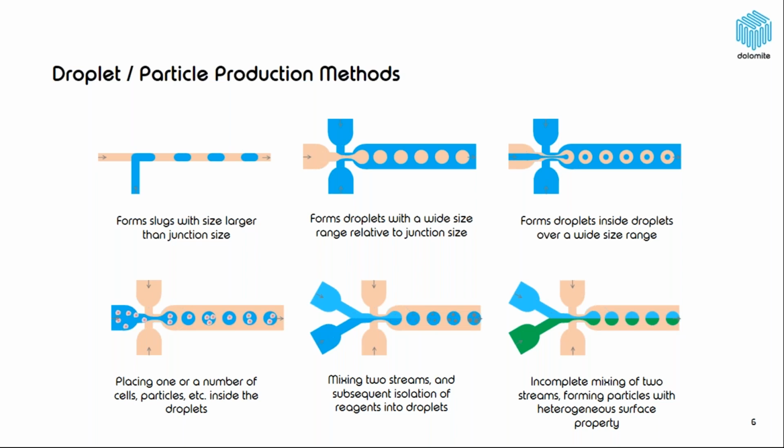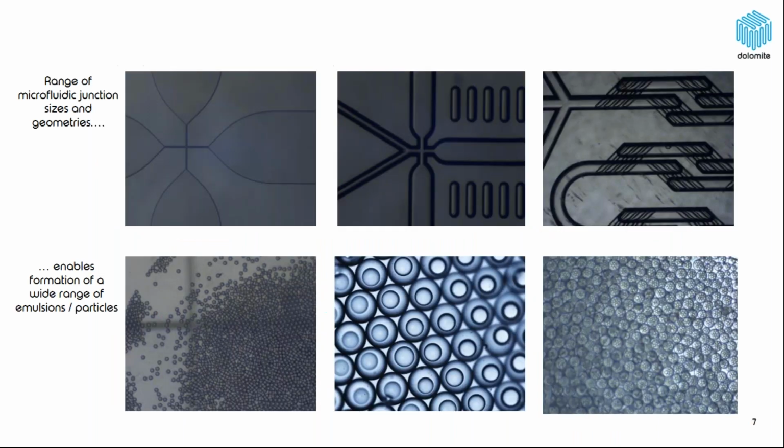This is a way of controlling nanoparticle growth precisely by limiting supply of stock material going into the nanoparticles, so limiting their size this way, but also by separating nanoparticle reservoirs where nanoparticles are created from the rest of the system, so that they don't touch the walls of the reactor, thus blocking it. And then finally, you can create Janus particles using our 2 reagent systems, where 2 immiscible liquids are combined at the junction.